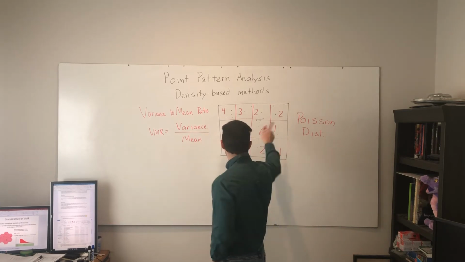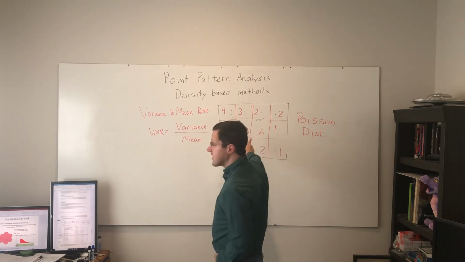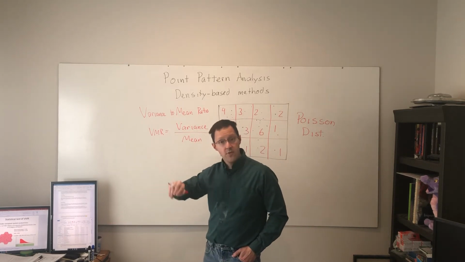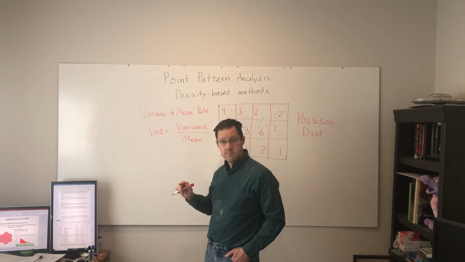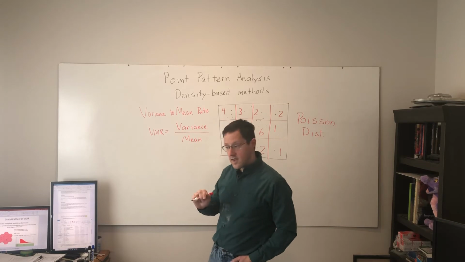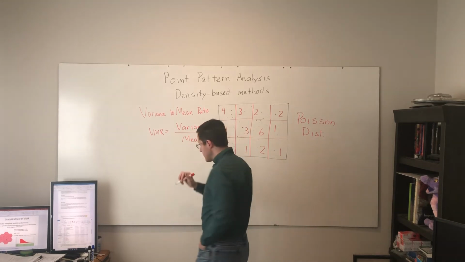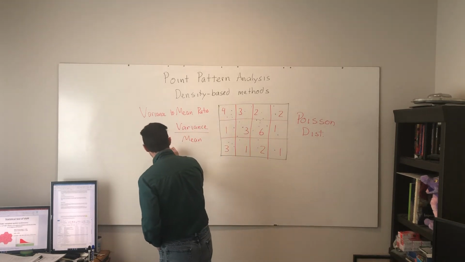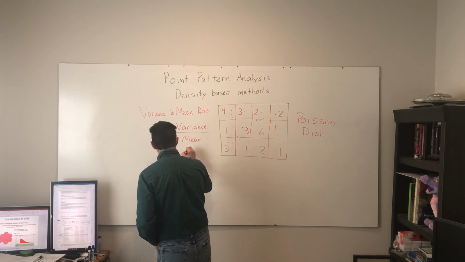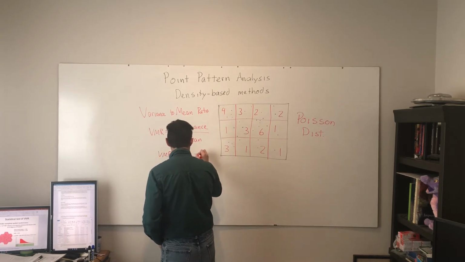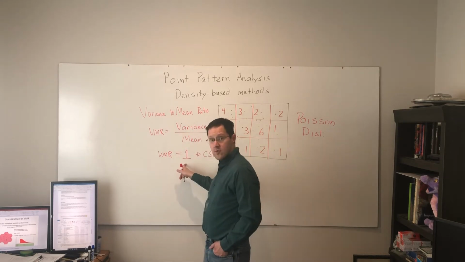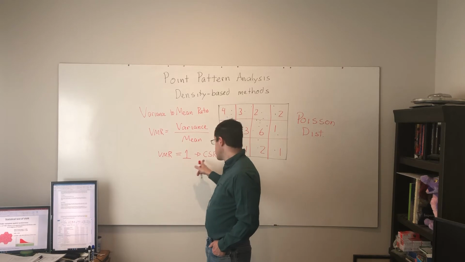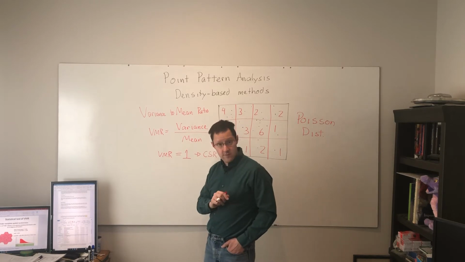So I take these 12 numbers, find the variance. Take those same 12 numbers, find the mean. Divide one by the other. If it is equal to 1, then I have complete spatial randomness.